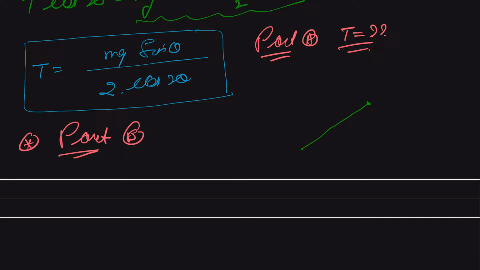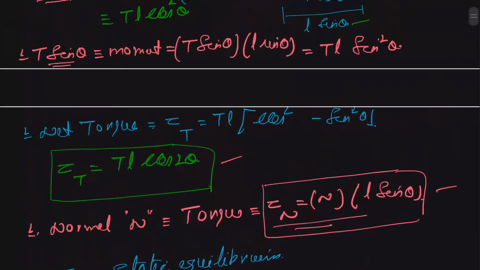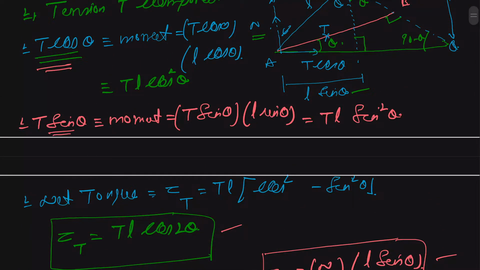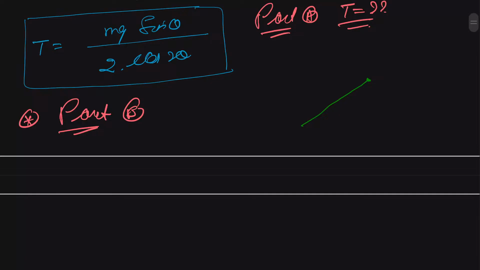The tension was having two components, T cos of theta and T sine of theta.